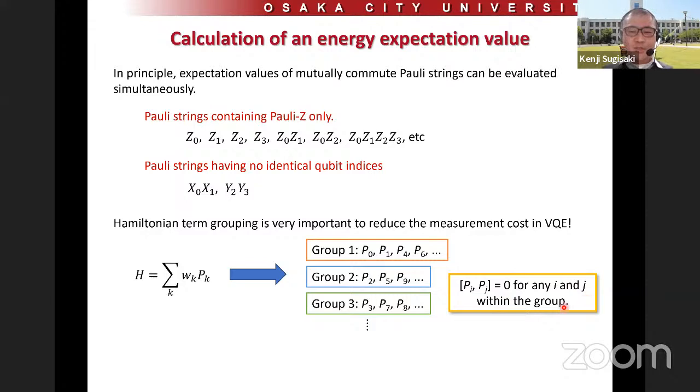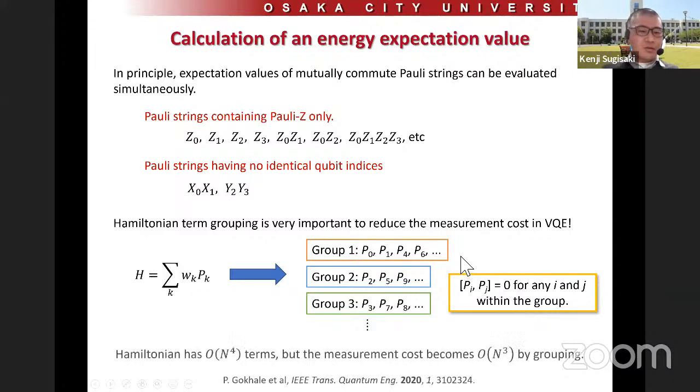Then we can calculate the expectation values of all operators, for example, in group 1 simultaneously. So the number of Hamiltonian terms is about the order of n to the 4th power, but the measuring cost becomes about the order n to the 3rd power by applying this grouping.